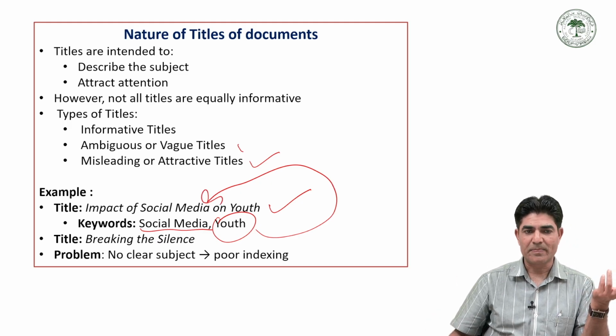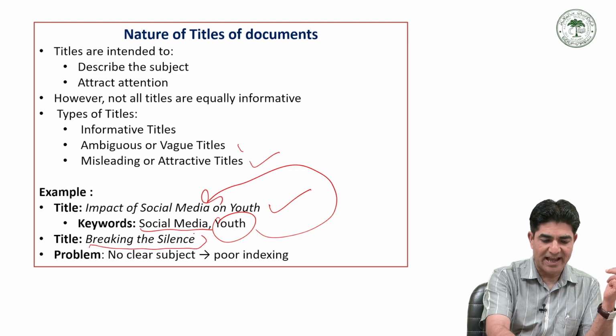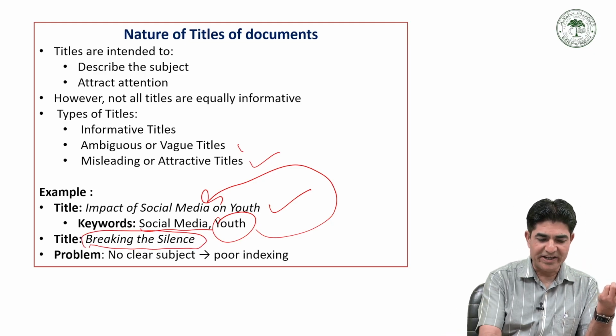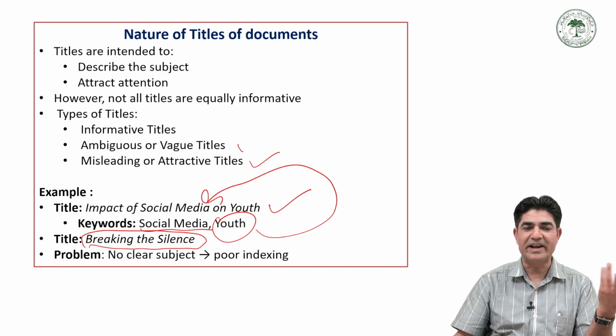But if you try to see another title, that is breaking the silence, then you can take breaking and silence, these two keywords, for the purpose of indexing. Ultimately, these two words are not able to represent the subject of the document.